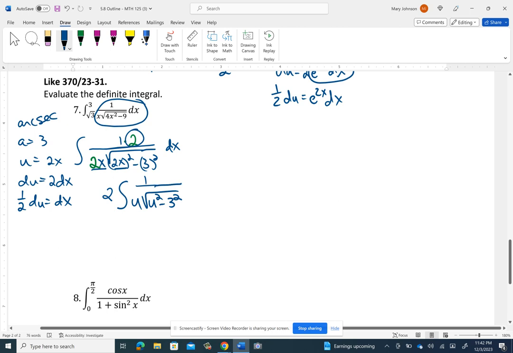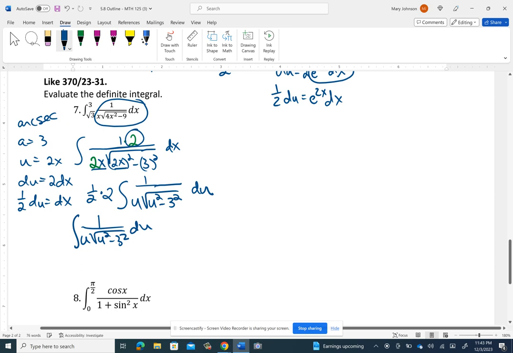And then in place of the dx, I'm going to put a 1/2. So let me put the 1/2 out here with this and a dx. So what I'm trying to integrate is 1 over u square root of u squared minus 3 squared. Oops, I said I was going to do it, but then I didn't. So I replaced the dx with 1/2 du.